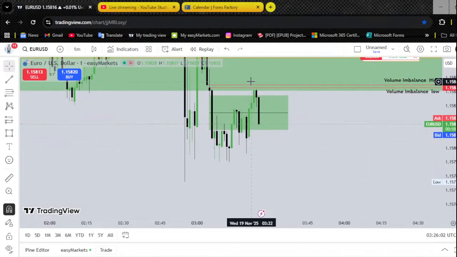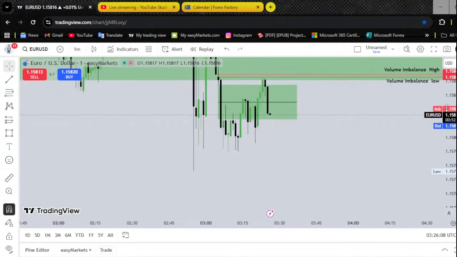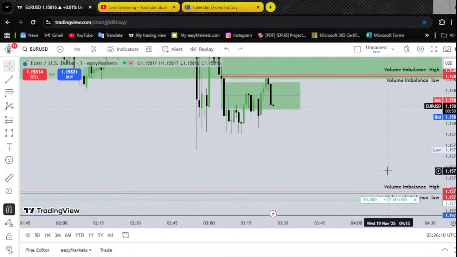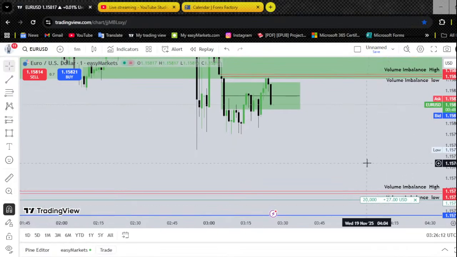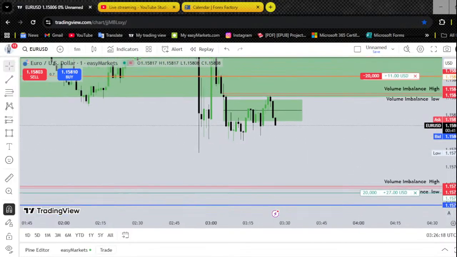Market has failed to get to this volume imbalance, which is okay. Still within what I expect. If it returns, it's fine; if it doesn't return, we go down, still good.